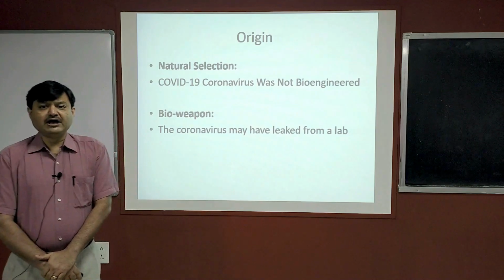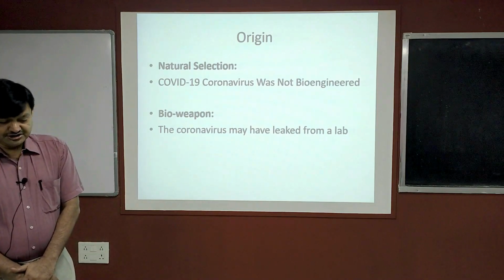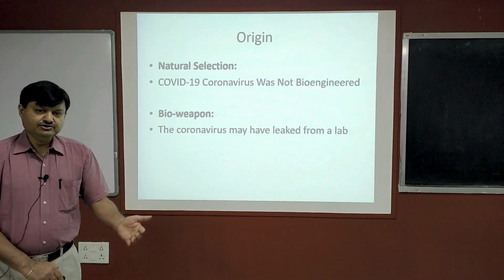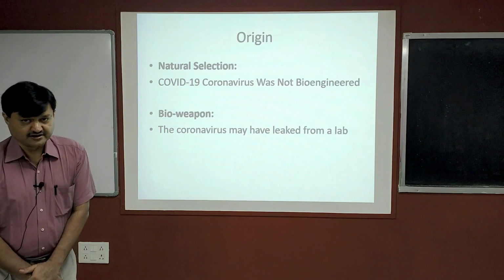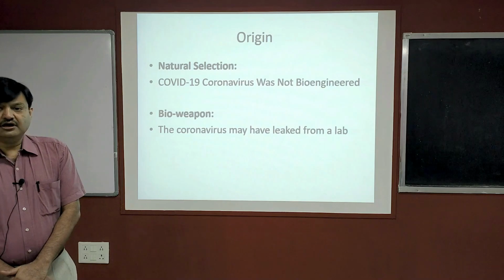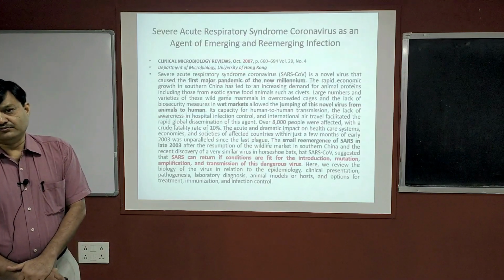The other is a bioweapon, where the army of a certain country in the world prepares such viruses and uses them in biological warfare. But we don't know exactly what the origin of coronavirus 2 is.